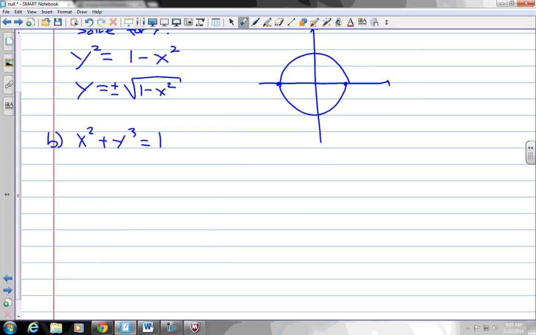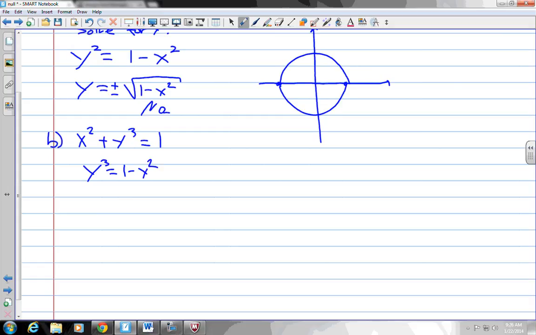At the same time, if I put cubes in there, x squared plus y cubed equals 1. So that top one, we're trying to determine if it's a function. Right, so the answer is no, because for every x, you'll get 2 different y's. Well, except for like 1 or -1. So if you follow the same thing, you try to solve for y, you'll get y cubed equals 1 minus x squared. Right?